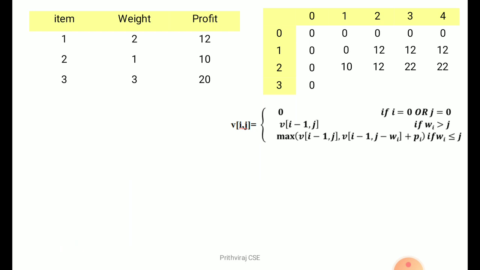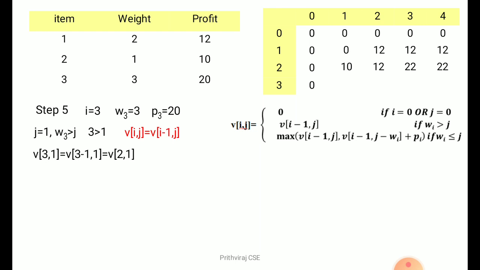Lastly, we need to compute for step 5, that is i is equal to 3. So when i is equal to 3, w3 is equal to 3, p3 is equal to 20. Start from j is equal to 1. When j is equal to 1 and i equal to 3, we have to compute v of 3 comma 1.